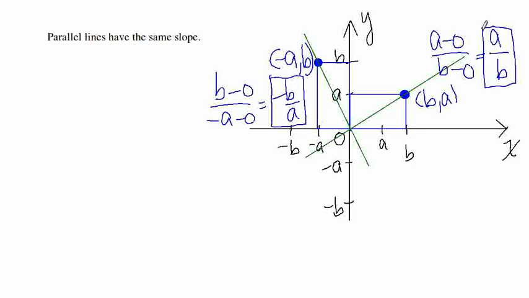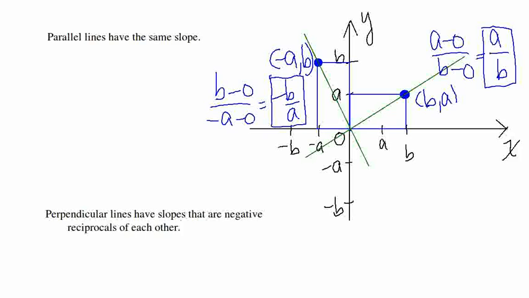This procedure will work with any set of parallel or perpendicular lines. So all of that is to say that, let me type this out: perpendicular lines have slopes that are negative reciprocals of each other.